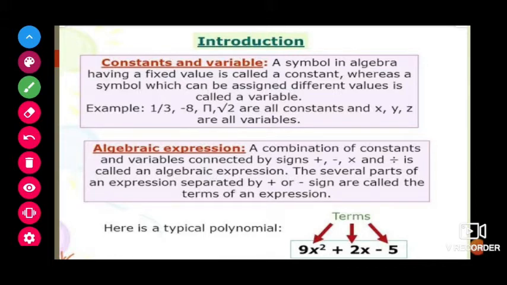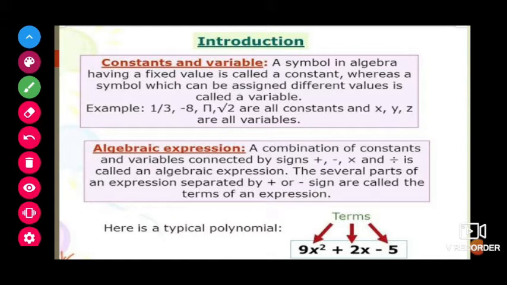For example, 5 is one term, 5x is one term, x square is one term. These are all terms. If we combine these terms again by using addition and subtraction, then we call it an algebraic expression.